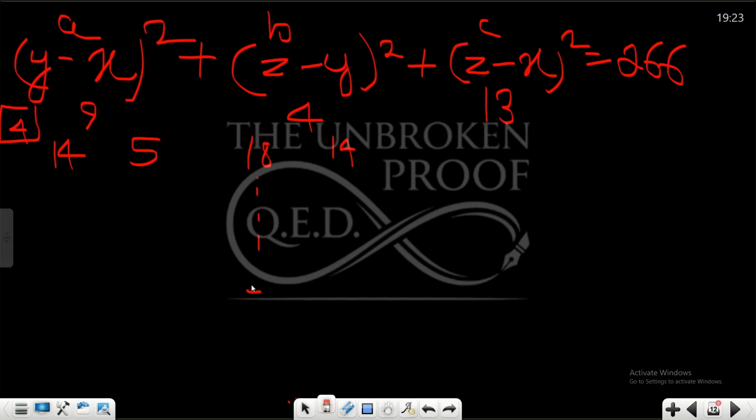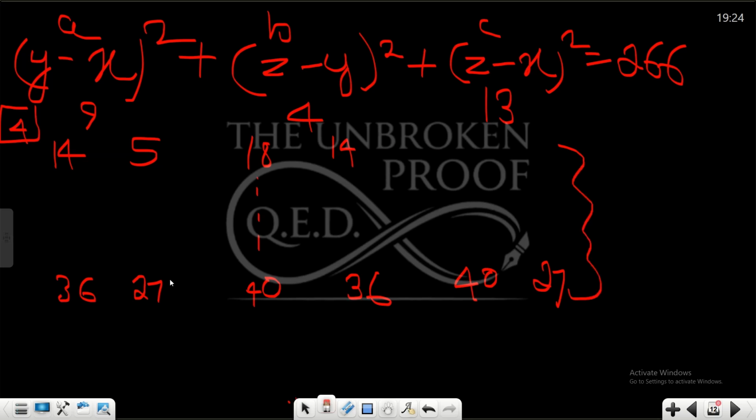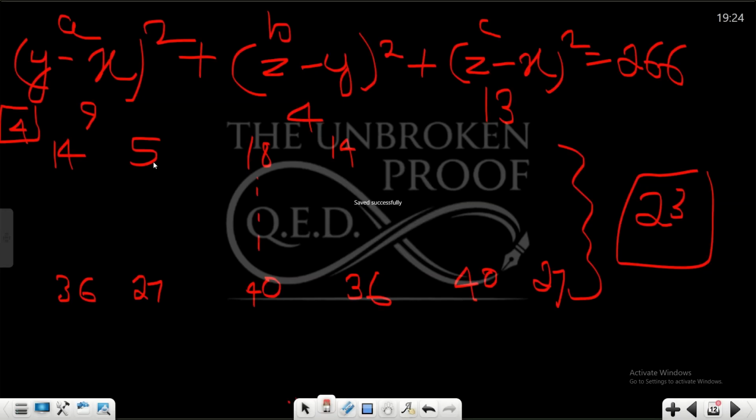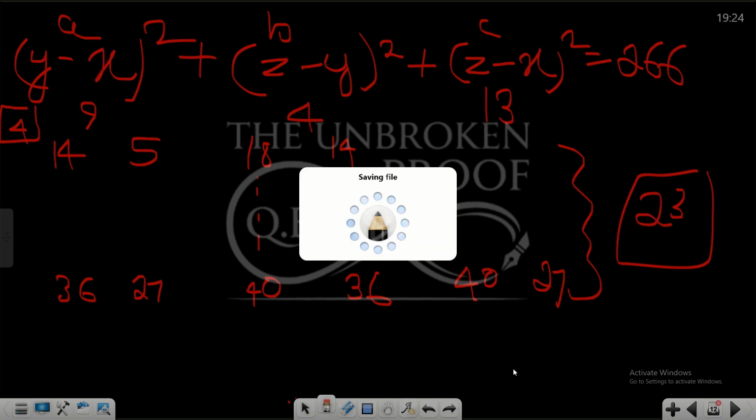If you take z as 40, your y will be 36 and this is 36, and this will be 27 and this will be 40, this will be 27, it gives you 13. Now we see the number of cases over here. Here you are going to get 23, right? 27 minus 5 plus 1, right? I hope you understand why I am taking a plus 1, because I am counting all triplets from first till the last, so that's why plus 1 is required.